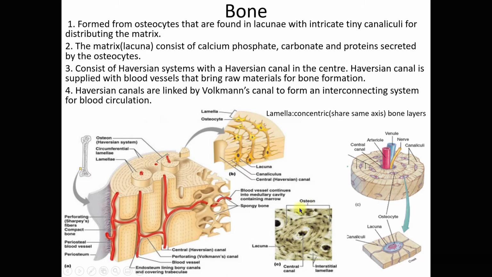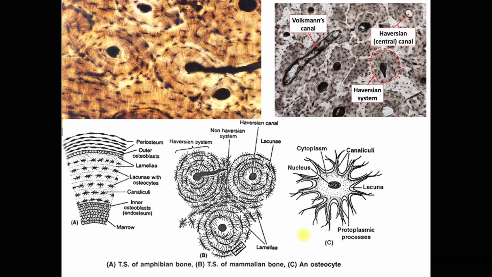Okay, so now a micrograph of this osteon. This is how the osteon will look like. And this is the central canal where you will find the blood capillary. Okay, central canal. Okay, so a cross section of the bone. This is what you'll be seeing.